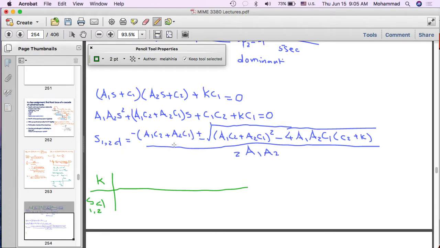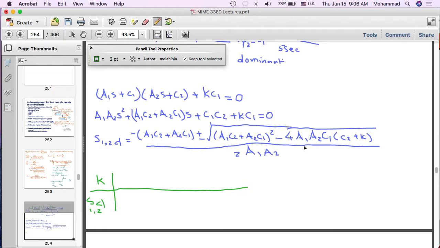A1 C2 plus A2 C1 is a real number, and on top, this is a real and negative number. The same here: this is a real and definitely positive number.